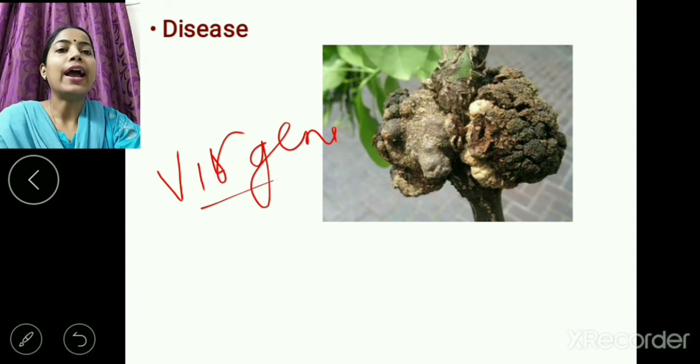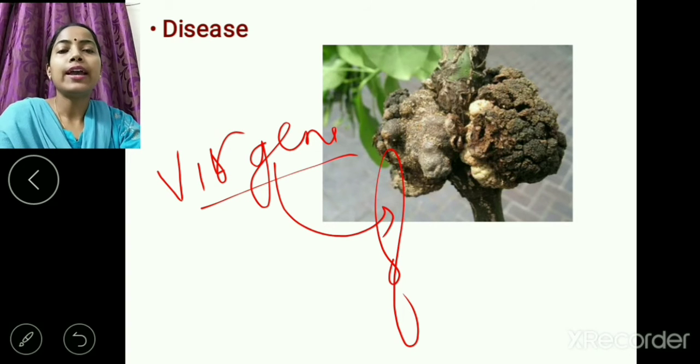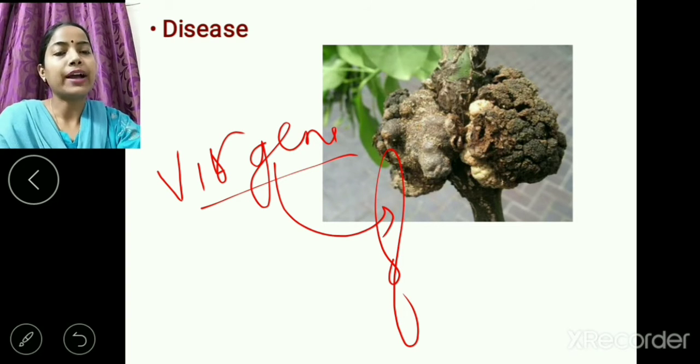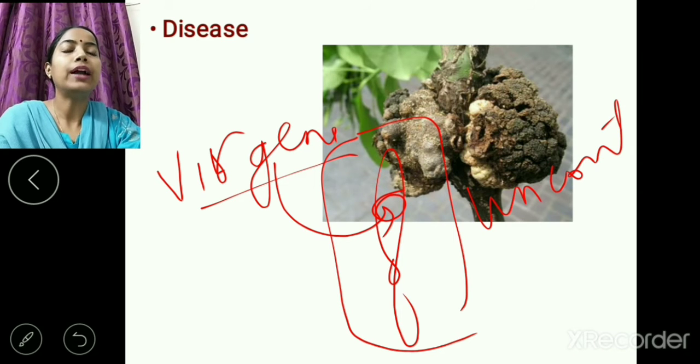When they enter into the plant genome with the help of the Ti plasmid of the Agrobacterium bacteria, they cause uncontrolled division in the plant cells, and as a result a mass starts appearing, which is just like a crown in appearance.